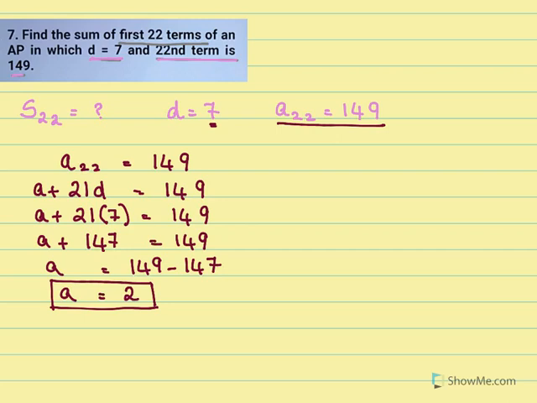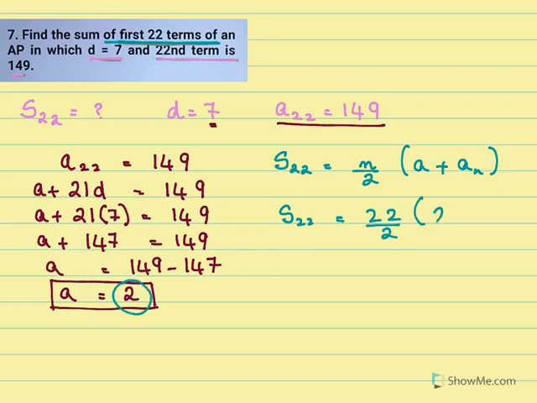The next part of the sum says we need to find the sum of 22 terms. So we need to find S22. S22 is n by 2 (first plus the last term). Now this is S22. So your n is 22 over 2. Your first term we just found now as 2 and your An is the last term and they gave it to us.